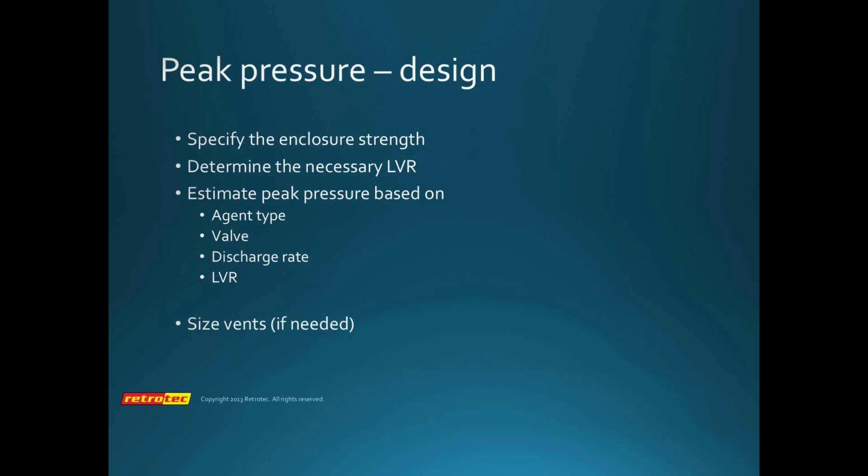So there's a few things that we have to look at when we're talking about peak pressure design. The first one is we have to specify the enclosure strength, which is sometimes a big mystery.